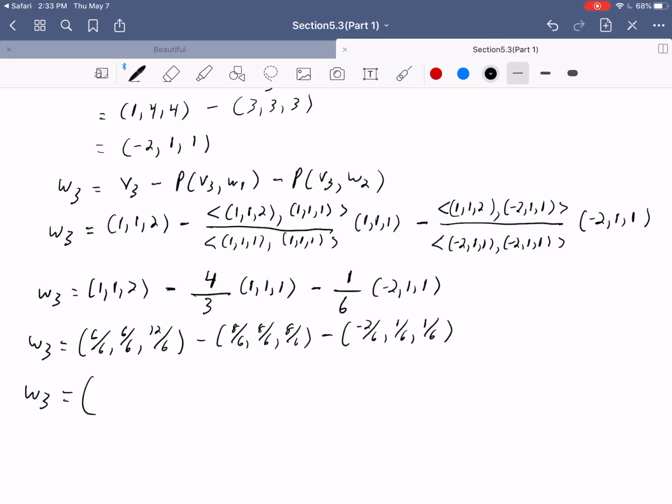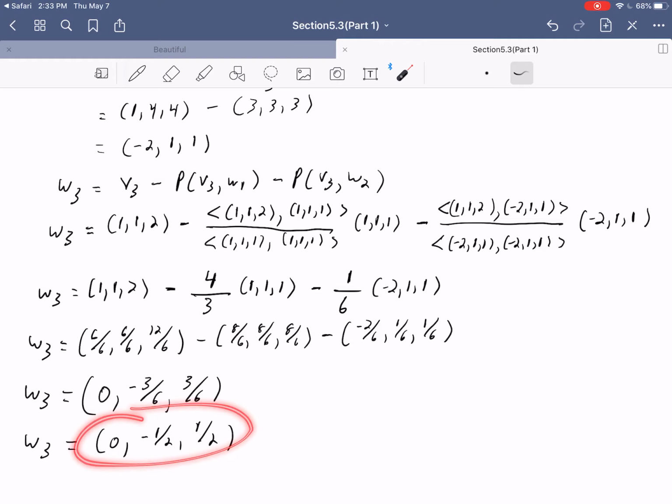So that sounds like 0. And then 6 minus 8, negative 2 plus 1, or minus 1. So that sounds like negative 3 over 6. And then 12 minus 8, that's 4, minus another one, 3 over 6. So it looks like W3 is supposed to be 0, negative 1/2, 1/2.